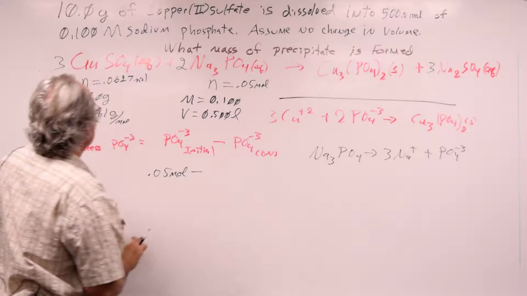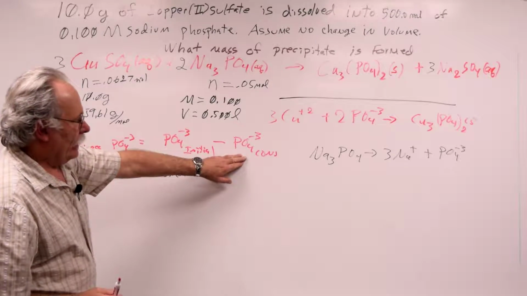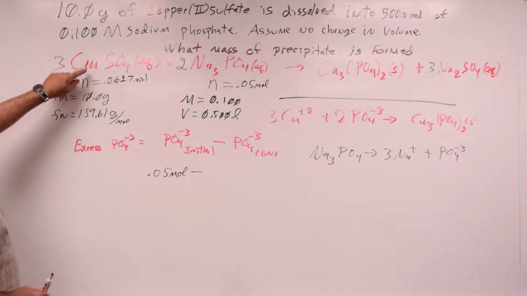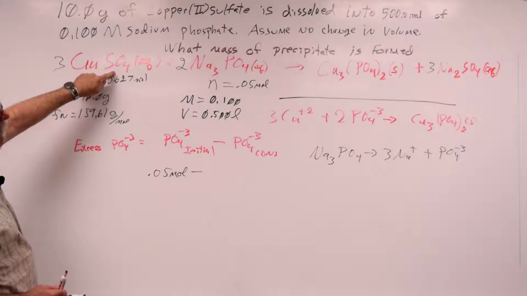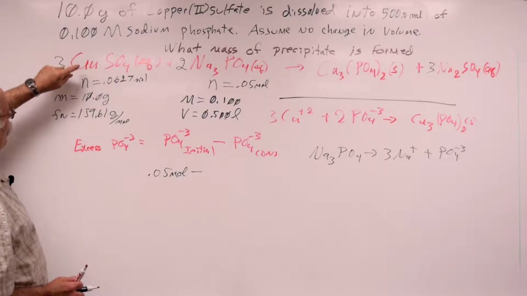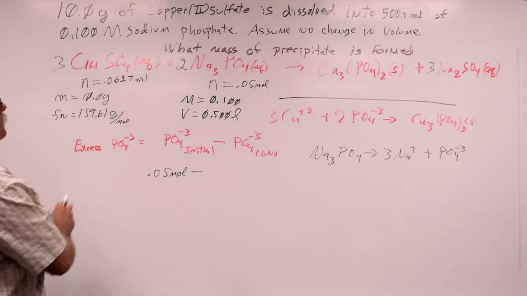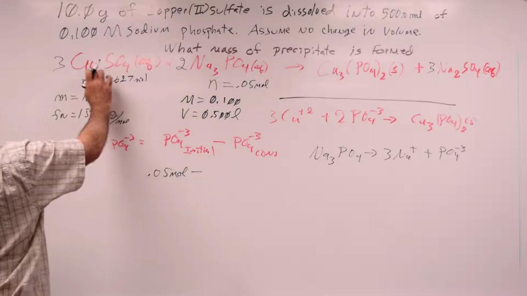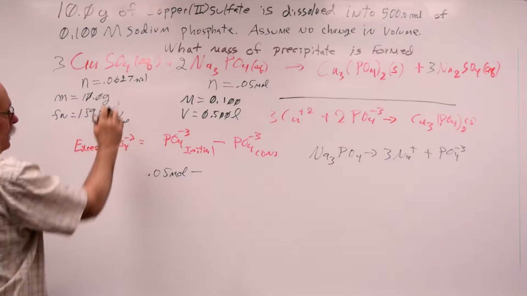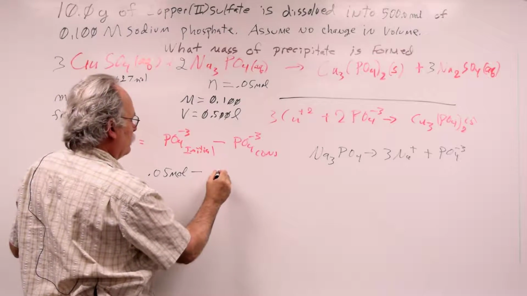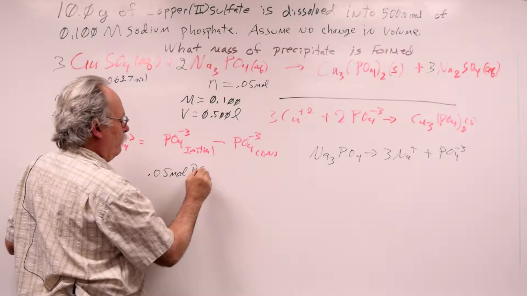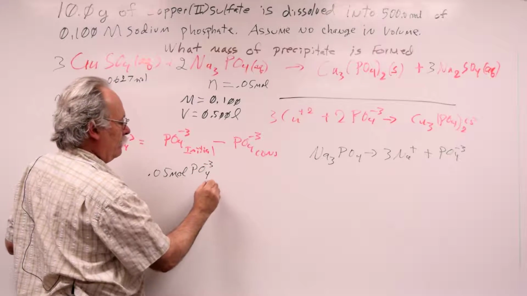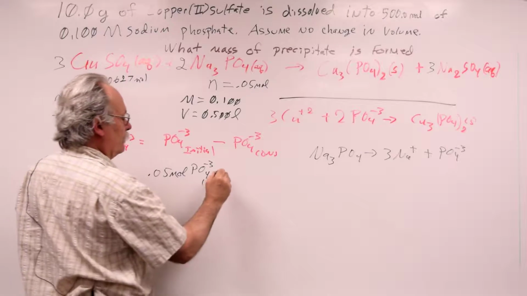Now, the moles of the phosphate consumed. If I started with 0.0627 moles of copper sulfate, just as over there, every mole of this has 1 of this and 1 of this. So the copper concentration is also 0.0627. So minus, let me put moles PO4-3, and I'll put the I there just so we know that's the initial.